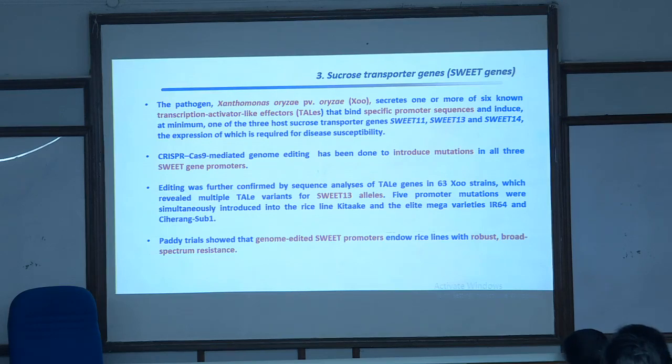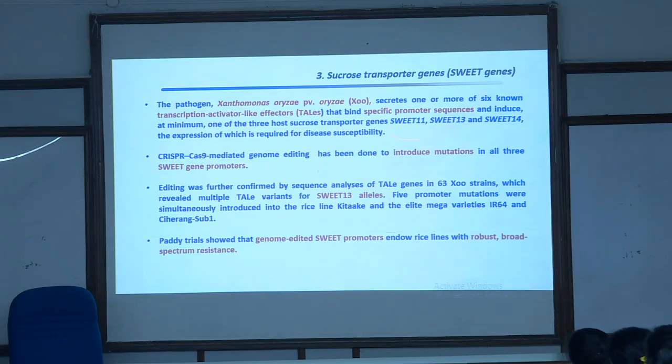Those targets are called SWEET genes. Remember, SWEET genes are host associated genes, and those gene products are specifically targeted by these effectors. The effectors are transcription activator-like effectors, and they bind to specific promoter sequences and induce the disease blight in the rice leaf.